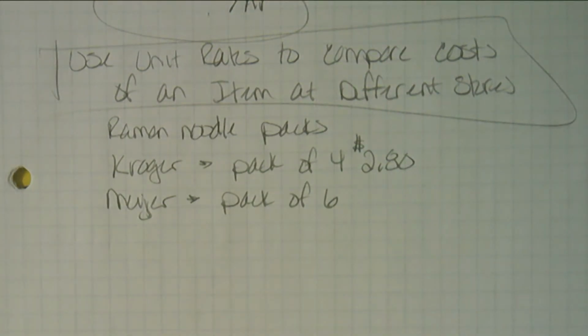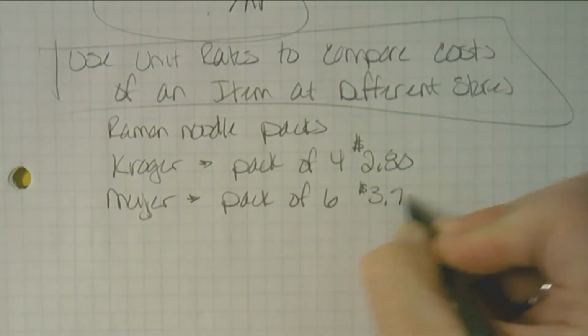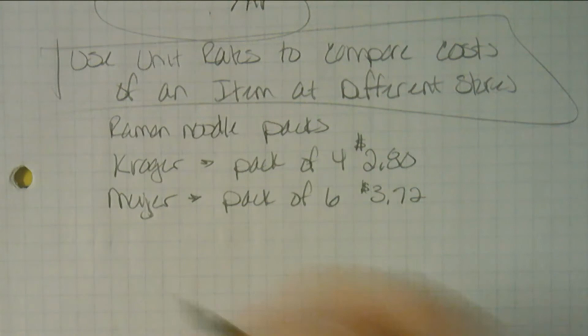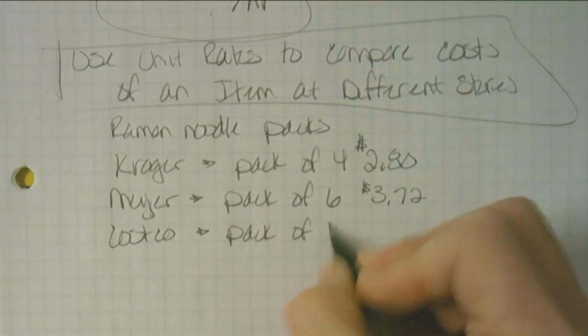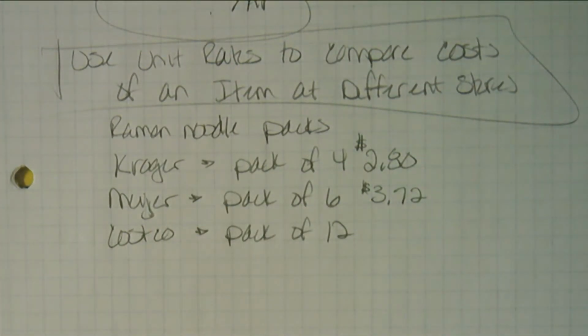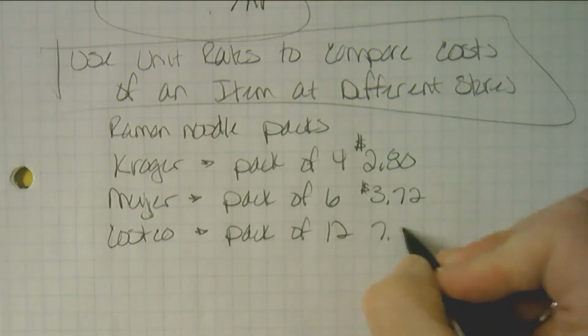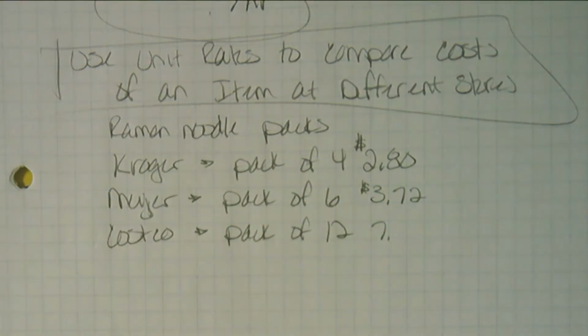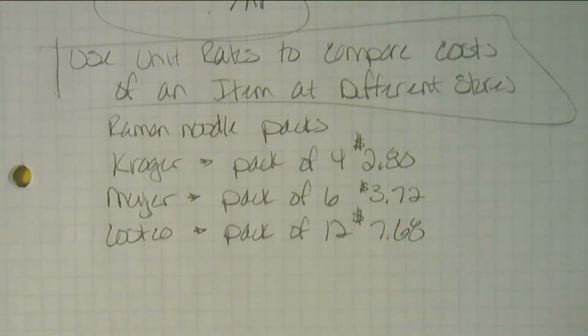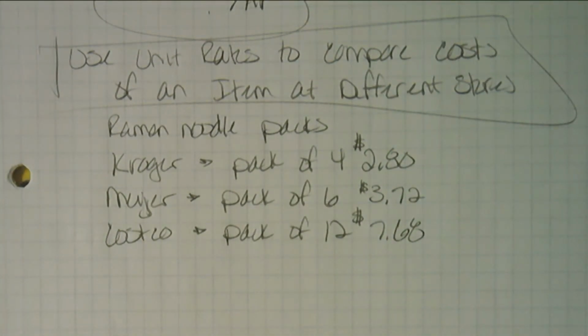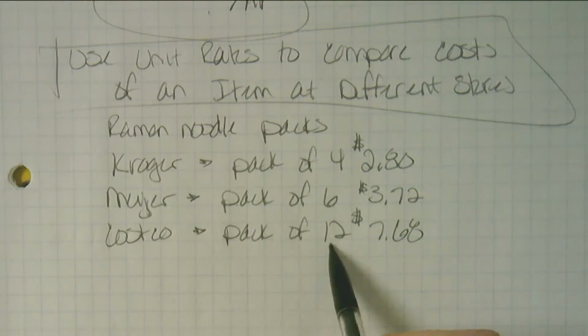And let's say they are $3.72. And then let's say we go to Costco. And let's say we've got a pack of 12. And let's say it's $7.68. So this is the cost of a 4-pack at Kroger, a 6-pack at Meijer, and a 12-pack at Costco.